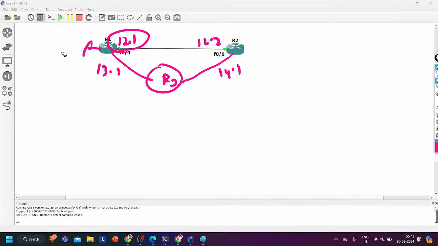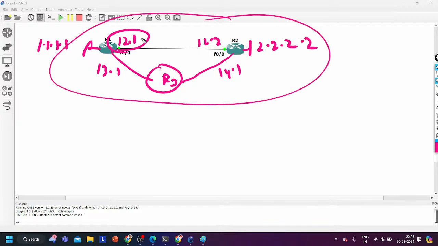So you know in real time how we will configure BGP in this scenario. On router number 1, I am going to create one loopback 1.1.1.1. On router number 2 also I am going to create one loopback 2.2.2.2. And I will configure the OSPF routing protocol first here. Why? To make reachability between 1.1.1.1 and 2.2.2.2. So guys, let's suppose I have configured OSPF.